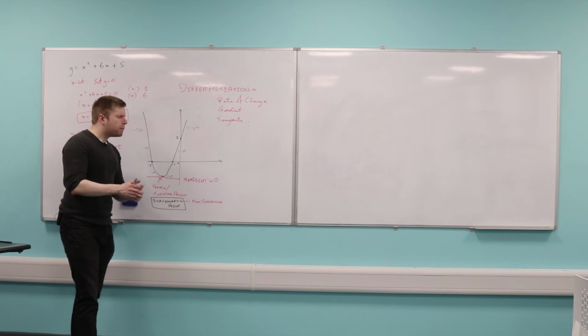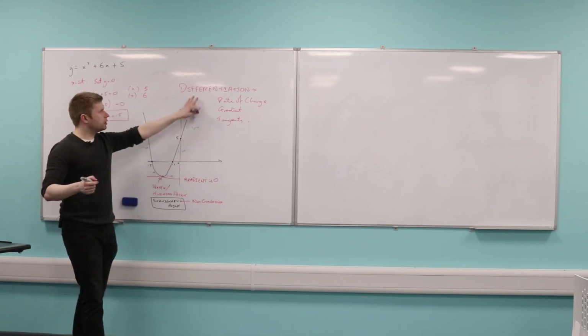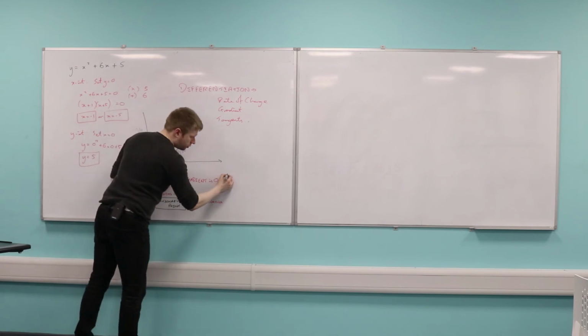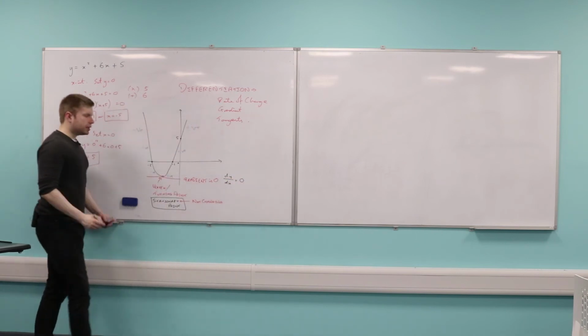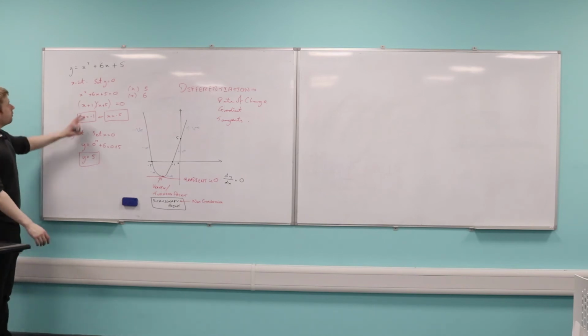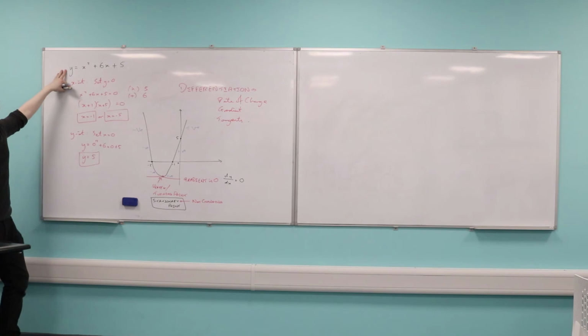Can anybody remember what's the notation that we give to gradients for differentiation? dy by dx. Good. So we're saying that dy by dx is equal to 0. I know that this is my curve, y equals x squared plus 6x plus 5.